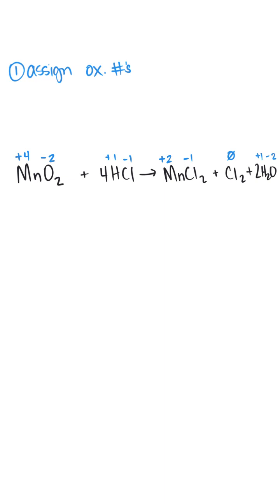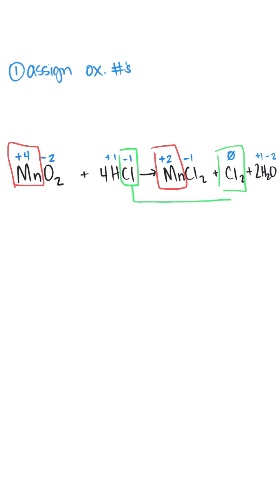All right, so notice what you're going to do is you're going to say, okay, manganese went from a +4 to a +2. So we know that there was a change in that area. And then we're going to look, oxygen is the same, hydrogen is the same on each side. Chlorine, though, goes from a -1 here, and it's still -1 in the compound, but it's also by itself, so it changed right there.